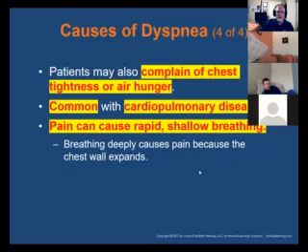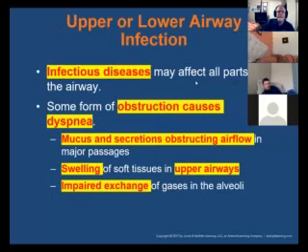Remember that? Everybody raised their hand. We all remember that. So that's how the body adjusts to try to maintain minute volume: when respirations are shallow and that's not enough, the body kicks in and says, all right, then we'll just breathe more quickly to make up for that lack of tidal volume.